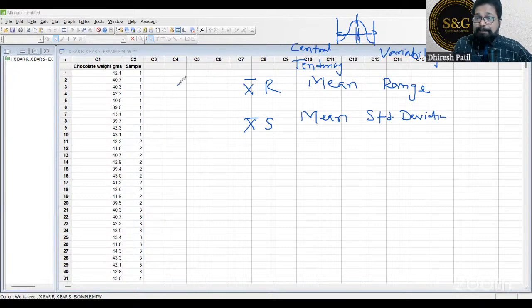When the sample size n is less than 10, go for X bar R. When n is greater than or equal to 10, go for X bar S. Just make a note of this.